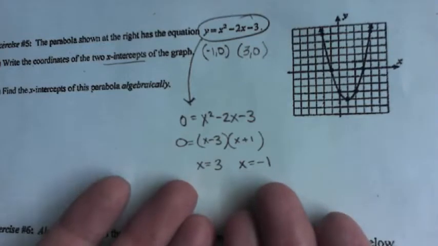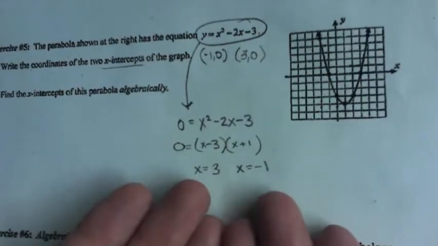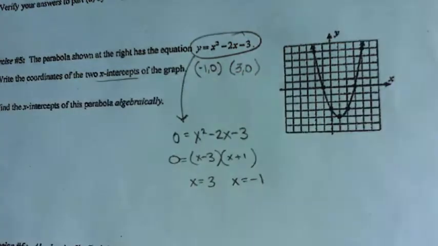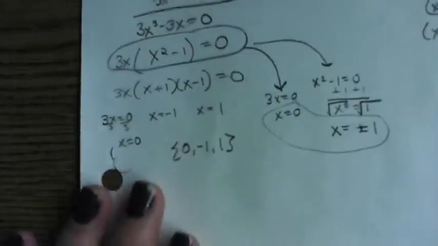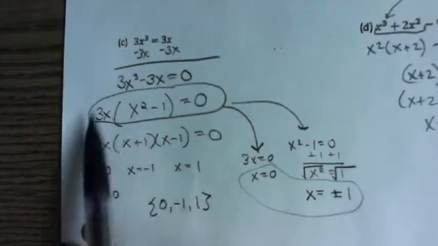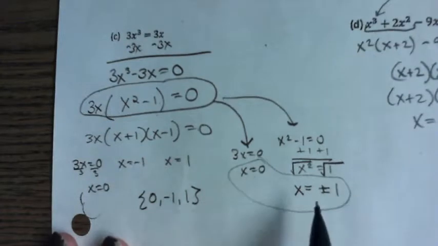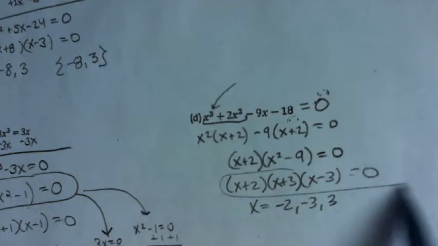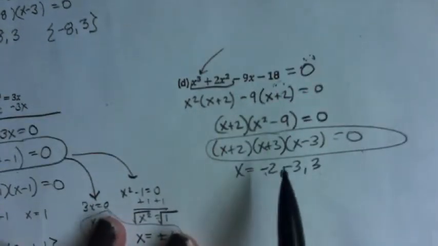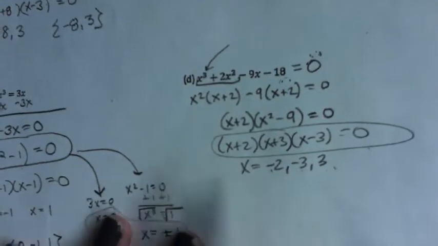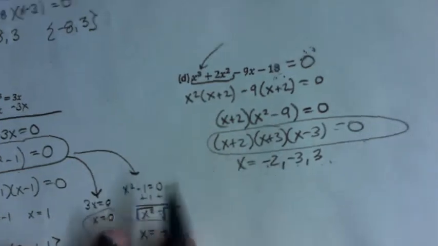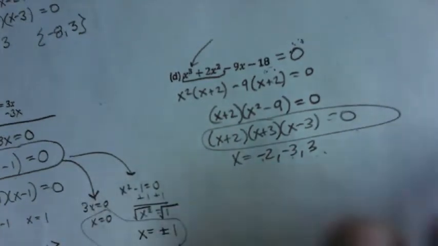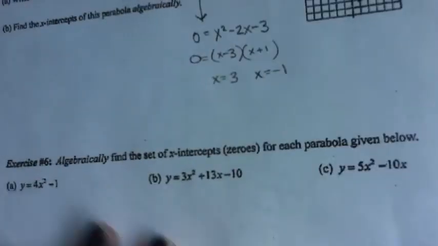Your solutions for when you set y equal to 0 algebraically are the same as the x-intercepts. Yes? So in any of these problems we've been doing, go back to the front. This graph is going to cross the x-axis at 0, 1, and -1. This graph is going to cross the x-axis at -2, -3, and 3. So these are not parabolas anymore, and we'll get into that more later when they cross more than twice. But your solutions are where your graph crosses the x-axis. We follow that?